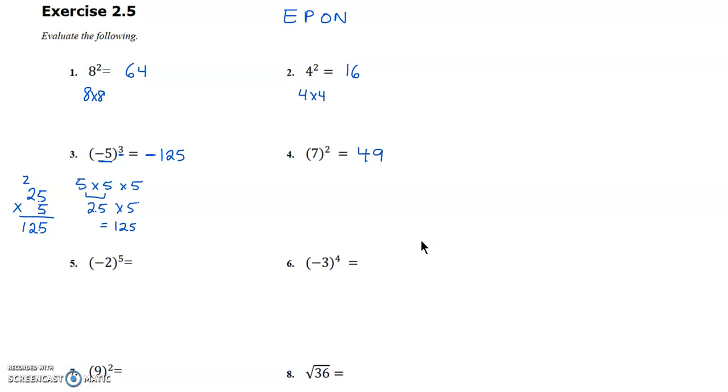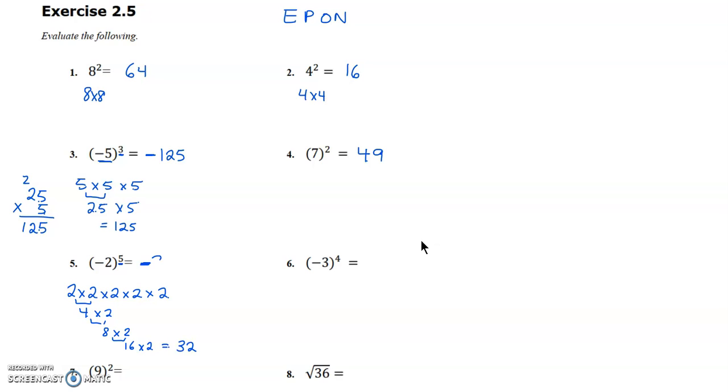For number 5, we have negative 2 to the 5th power. Again, our exponent is odd, so that means that our answer is going to be negative. And we can go ahead and figure out 2 times 2 times 2 times 2 times 2. 2 times 2 is 4, times 2 is 8, times 2 is 16, times 2 is 32.